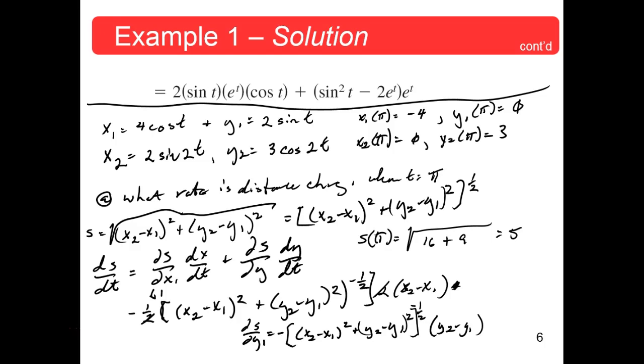Notice that the partial of s with respect to x1 is just the opposite, negative 4/5, of the partial of s with respect to x2, which is positive 4/5, when you plug in all those values. Same thing for y: partial of s with respect to y1 is minus 3/5, whereas the change of s with respect to y2 will be positive 3/5.